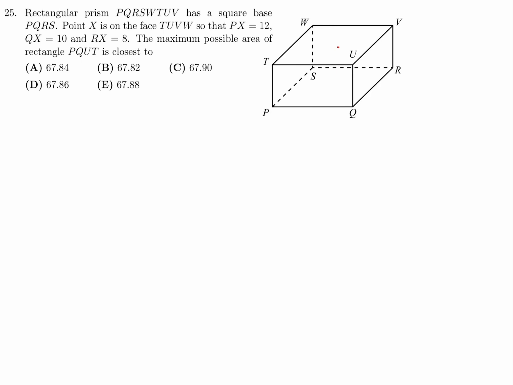Let's say that point X is right here, represented by that red dot. So that is X. So we will join P to X, Q to X, and R to X. And then I will drop a perpendicular directly down from X to the base, right here.